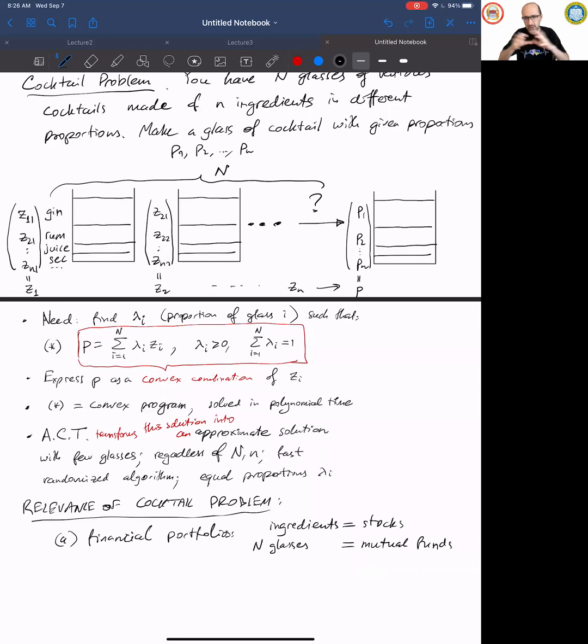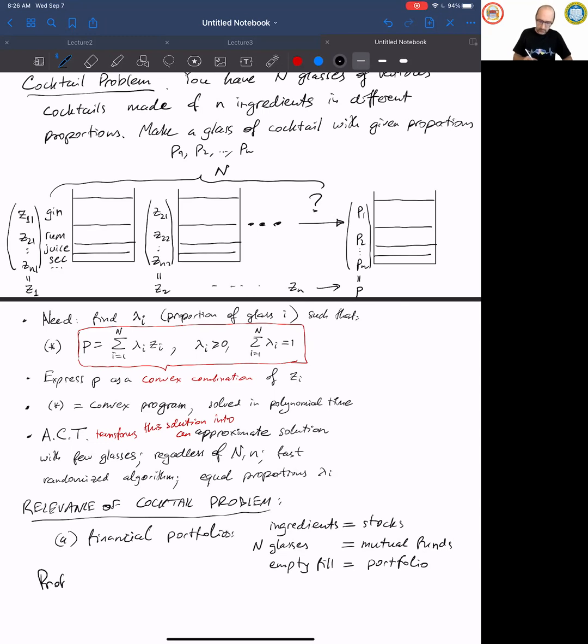A mutual fund is basically a combination of stocks in one bundle that is managed by a financial institution together. And the empty glass that you want to fill is your portfolio. So you would like to have a desired combination of stocks. You don't want to buy individual stocks because it's more vulnerable, but you want to go to financial institutions and buy existing mutual funds.